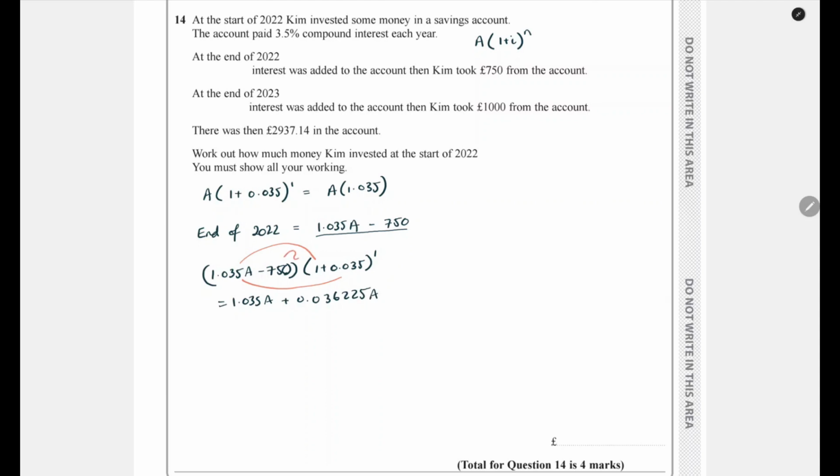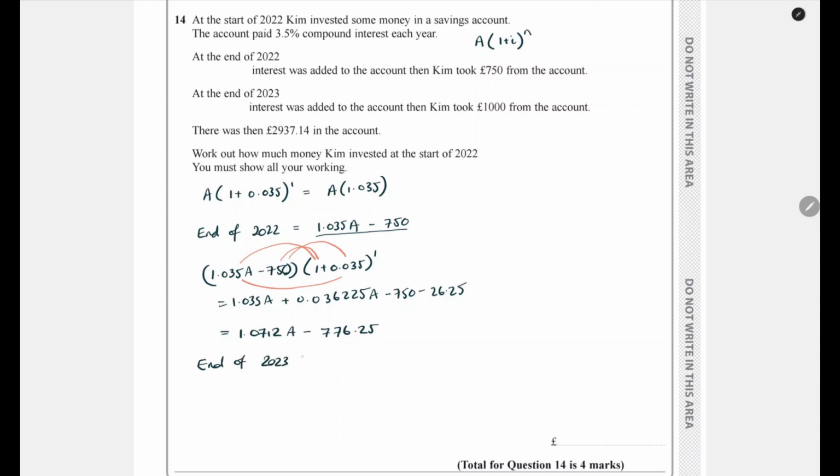Then you've got negative 750 multiplied by 1, that's minus 750, minus 750 multiplied by 0.035, which is equal to 26.25. And so if we collect all the like terms, we're left with 1.0712A minus 776.25.